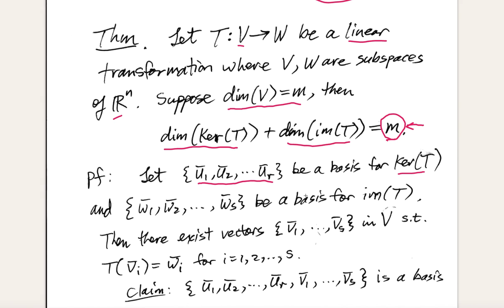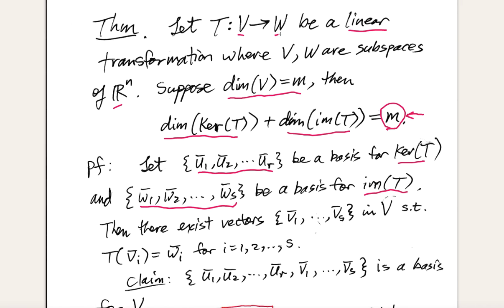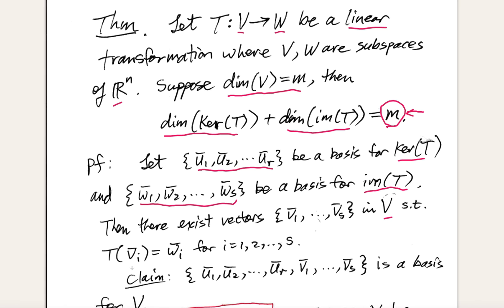Let w1 through ws, that's not a 5, that's an s, be a basis for the image now. So these w's are coming from W over here. Now, there exist vectors v1 through vs in V such that T of vi equals wi.